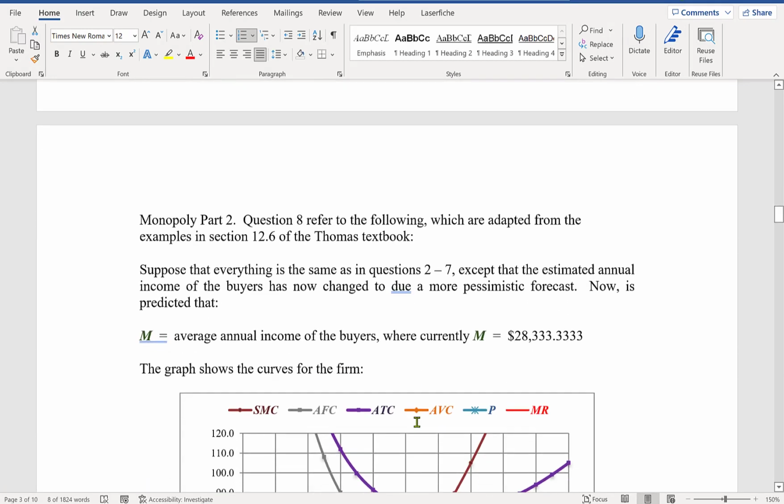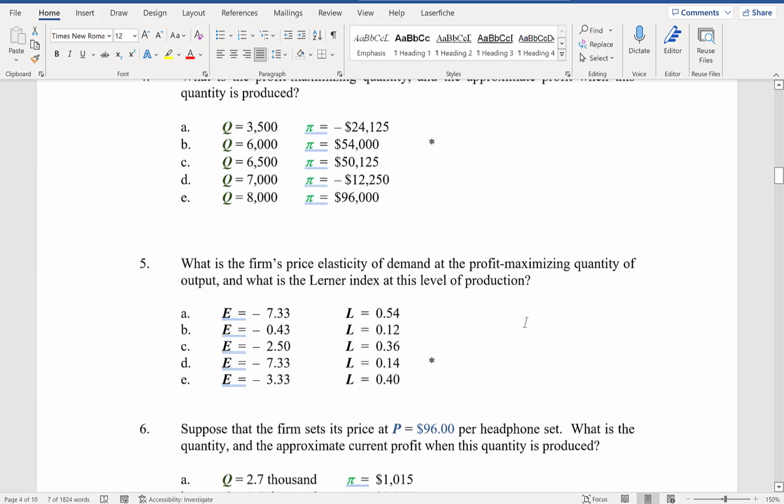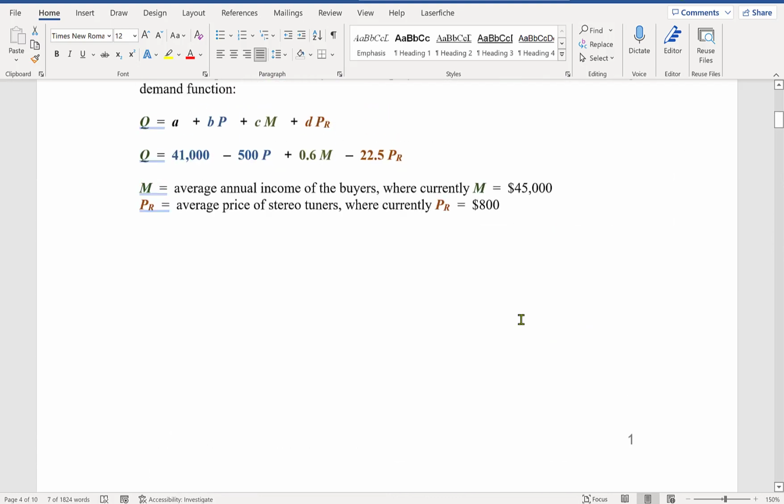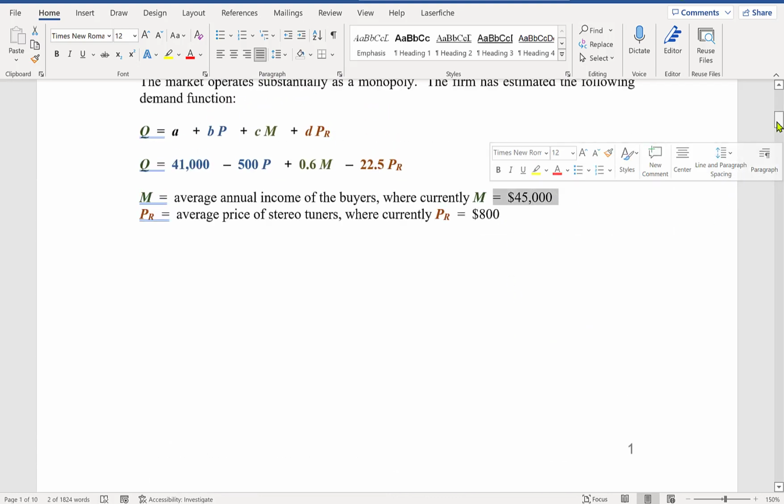So question 8, the same thing. Suppose that everything is the same as in questions 2 through 7, but annual income of buyers has now changed to $28,000 due to more pessimistic forecast. Remember in the previous question, it was $45,000.